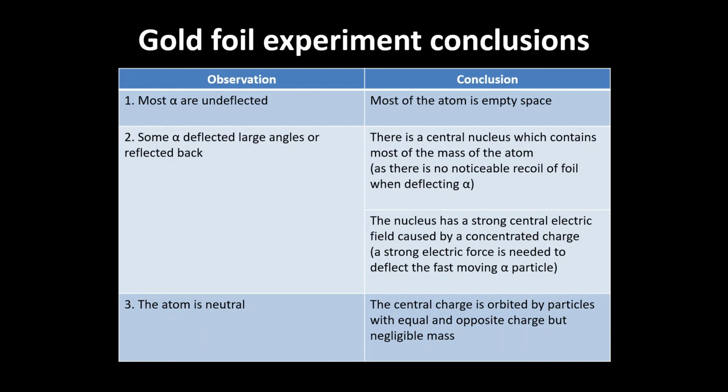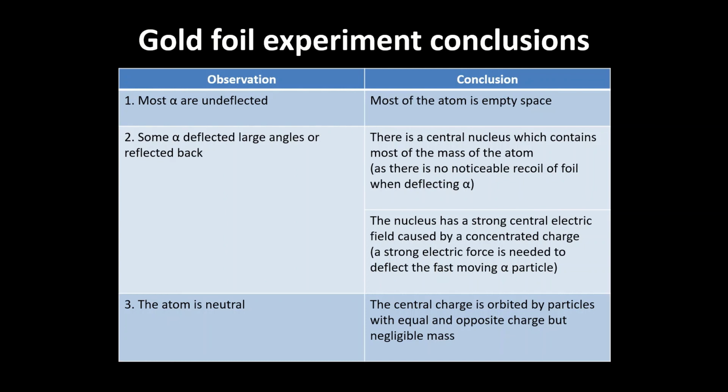Now, when you combine this with one of the observations from earlier experiments, such as from Dalton and Thomson, both had this condition that the atom is neutral. If you have a strong central charge, but the atom is overall neutral, that must mean there are small, lightweight particles of the opposite charge orbiting that central charge.